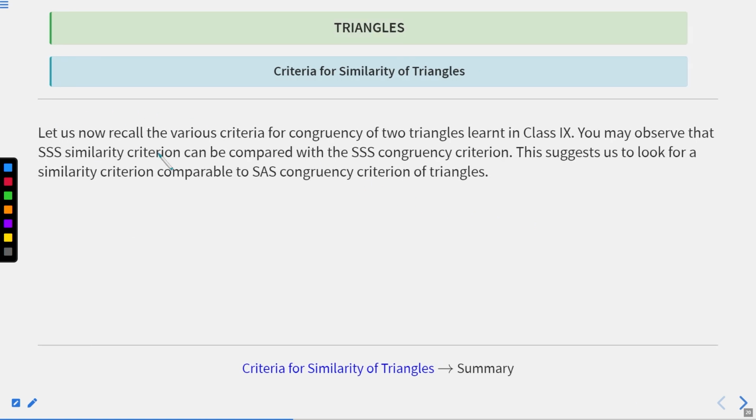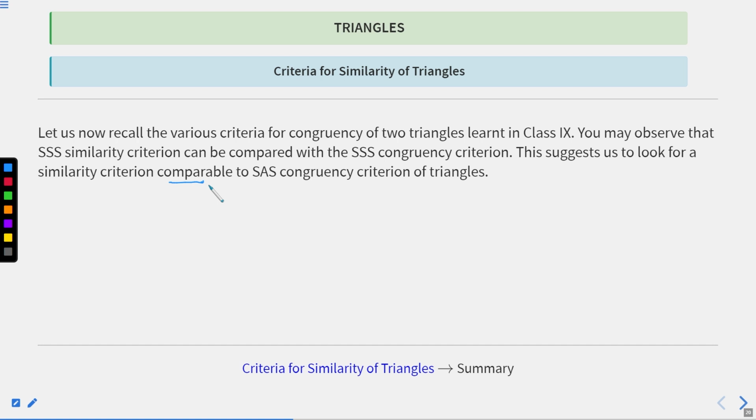So let us now recall the various criteria for congruency of two triangles that we learned in class 9. You may observe that the side similarity criteria can be compared with the side congruency criteria, and this suggests we look for a similarity criteria comparable to the side congruency criteria of triangles.